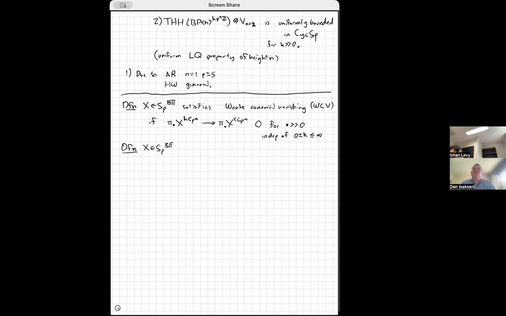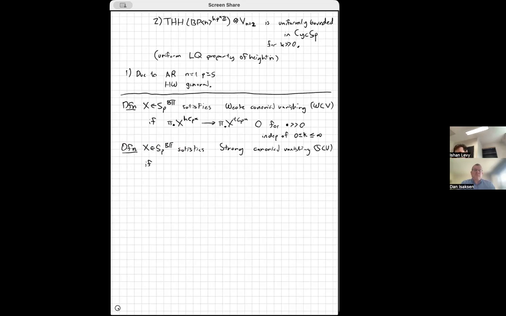So if you have a circle equivariant spectrum, it satisfies strong canonical vanishing if the following thing is true.